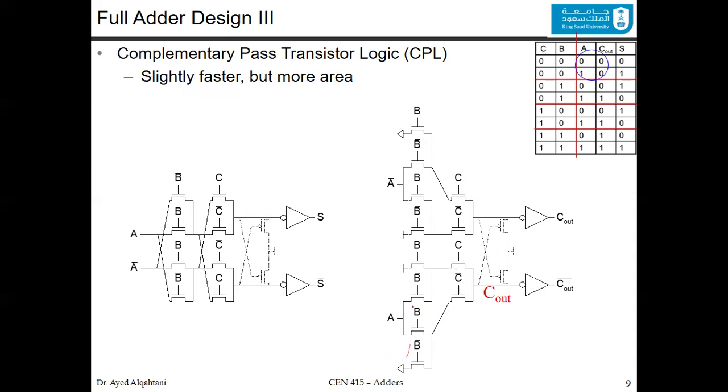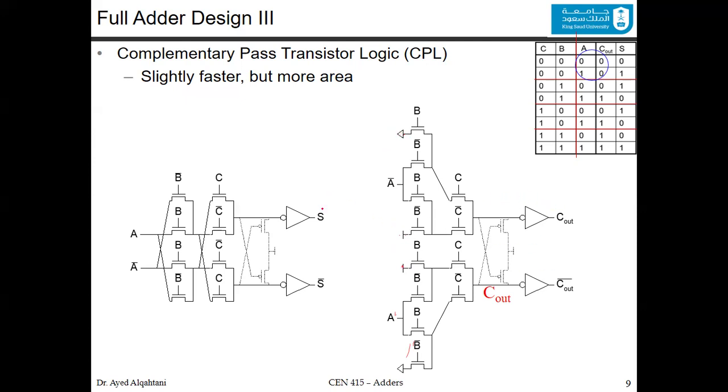And then you do this based on what we just mentioned. And what happens in the next one here, if you do the same order that I just mentioned, then you flip everything. The ground will become VDD here. The A will become A bar, and the VDD becomes the ground. This is for the carry.